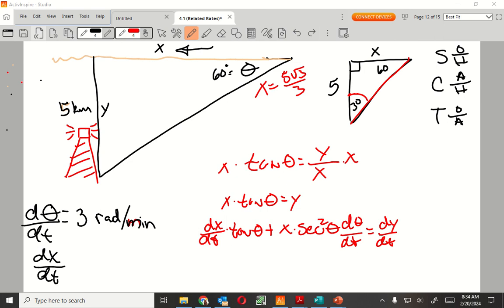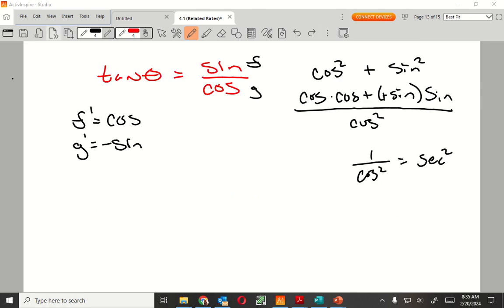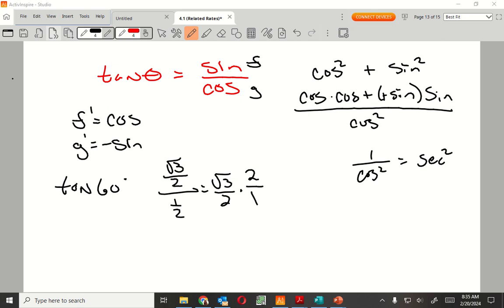Okay, let's start plugging in what I have. What is tangent of theta? My theta is 60 degrees. On my unit circle, tan 60 is root 3 over 2 divided by 1/2, times the reciprocal, 2 over 1.